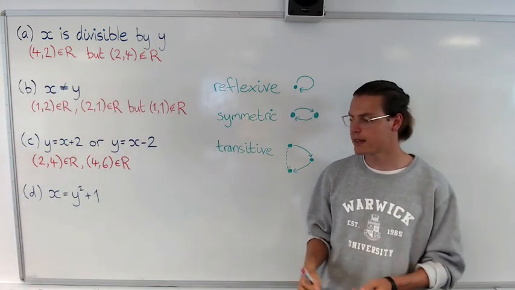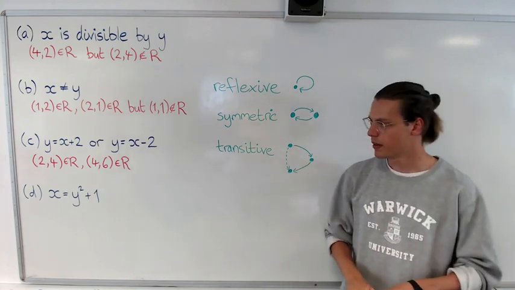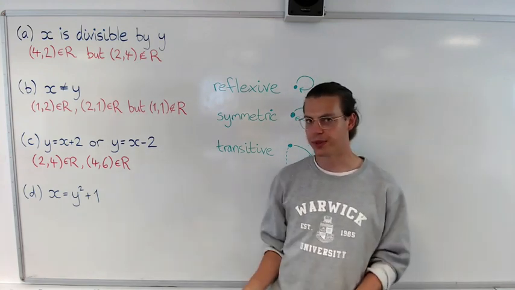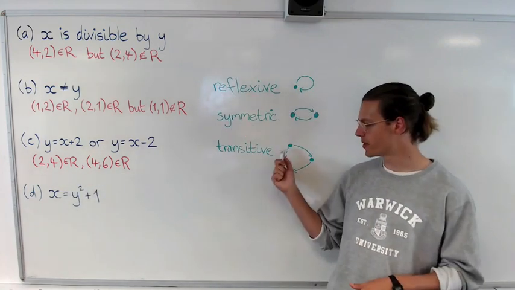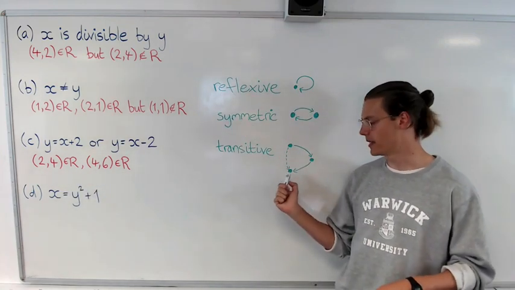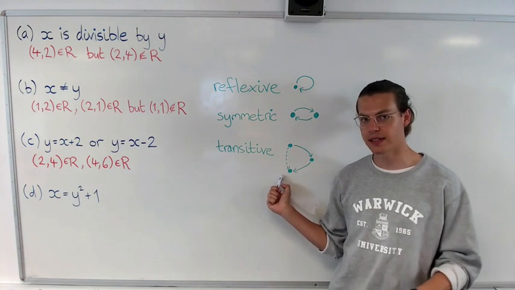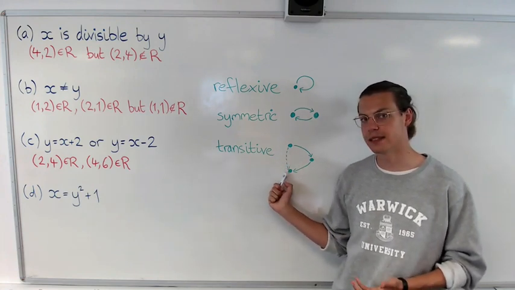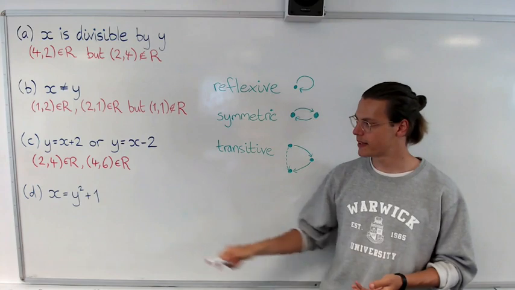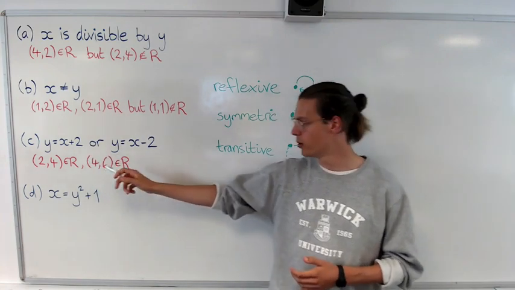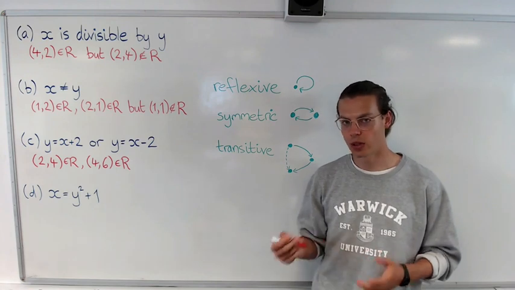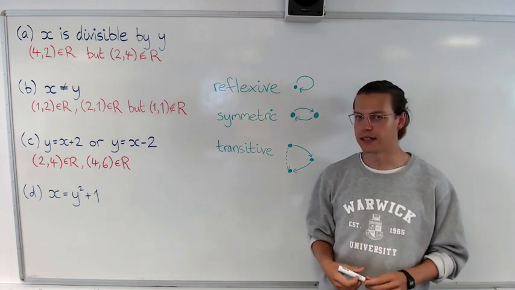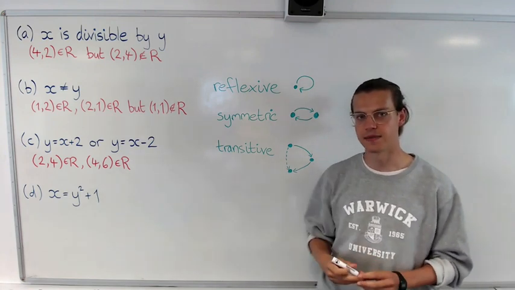If this were a transitive relation, then we would be able to conclude that 2 is related to 6, right? 2 is related to 4, and 4 is related to 6. So if it were transitive, then 2 would be related to 6. But 6 is neither 2 more nor 2 less than 2. So 2 is not related to 6, and this is not a transitive relation.